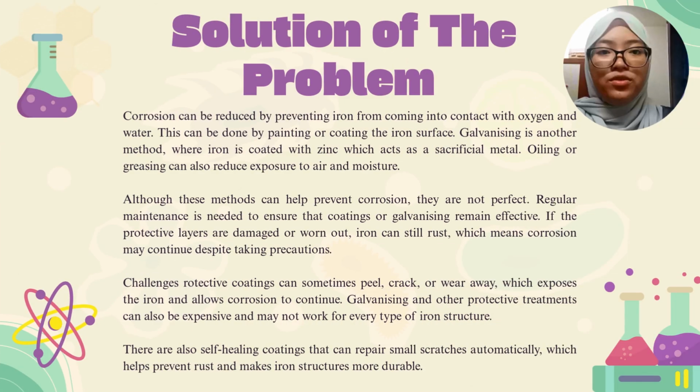The solution to the problem that has been stated is that corrosion can be reduced by preventing iron from coming into contact with oxygen and water. This can be done by painting or coating the iron surface.